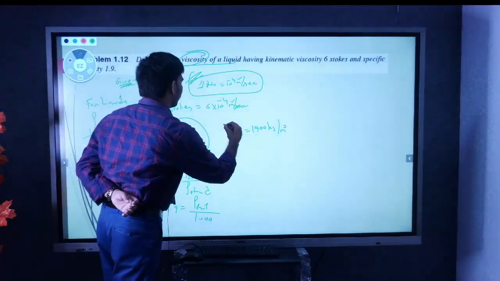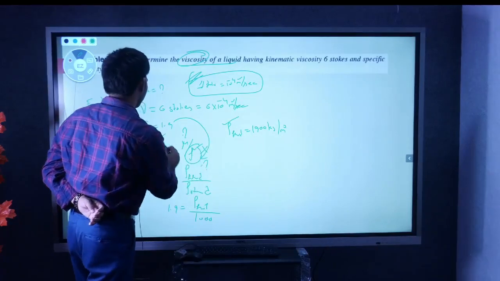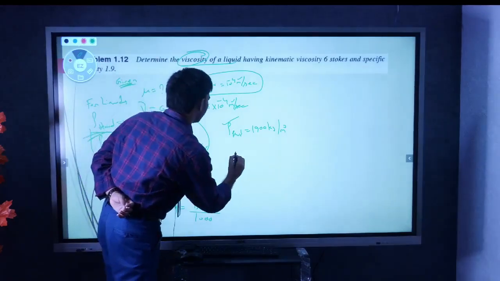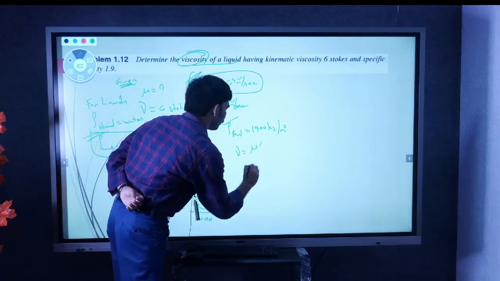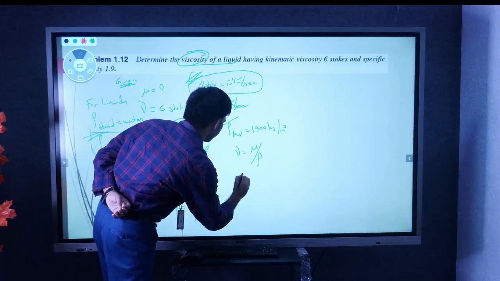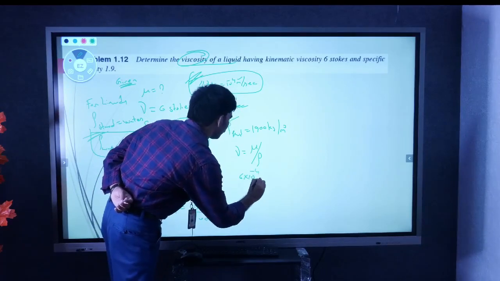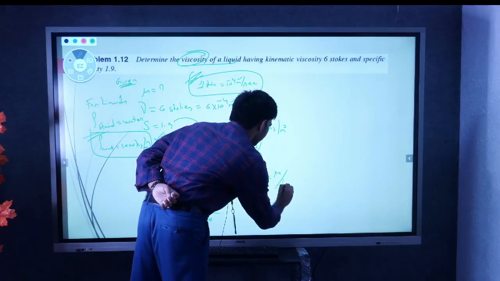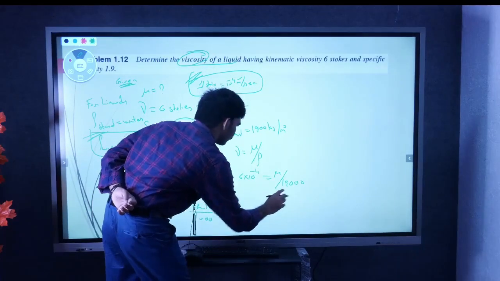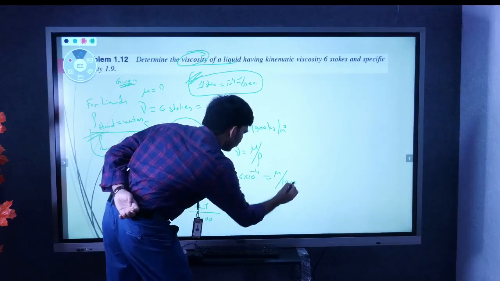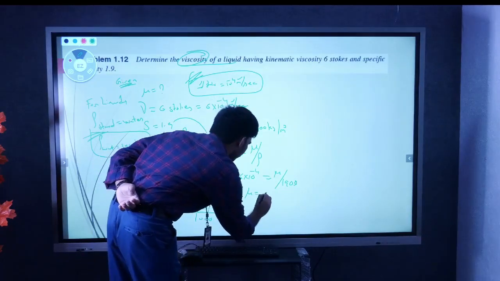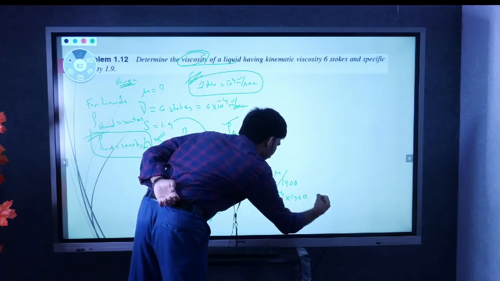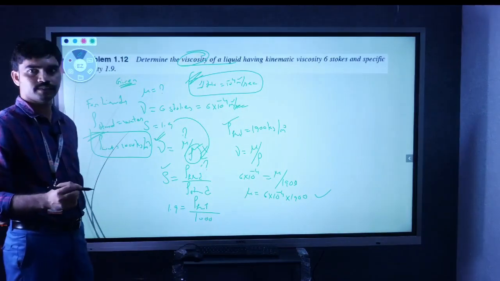So now you know the density. You know the kinematic viscosity. Now you can calculate the dynamic viscosity. So mu is equal to nu times rho. The kinematic viscosity is 6 into 10 to the power of minus 4 meter square per second, multiplied by 1900.